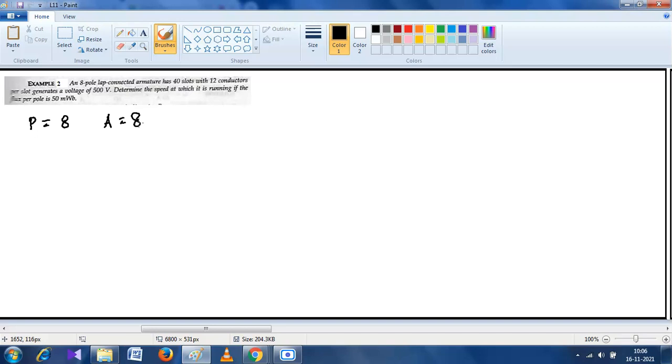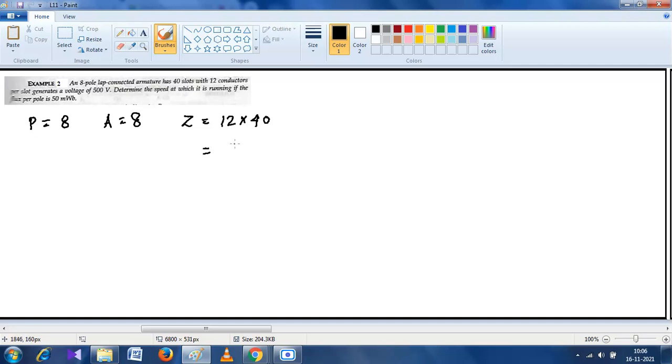Okay, the next. Z is equal to 12 into 40. Good. Tell me why the value of Z is equal to 12 into 40.